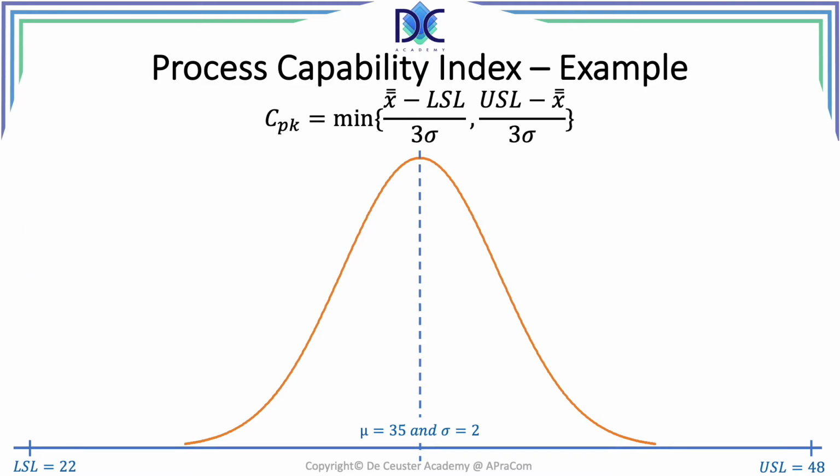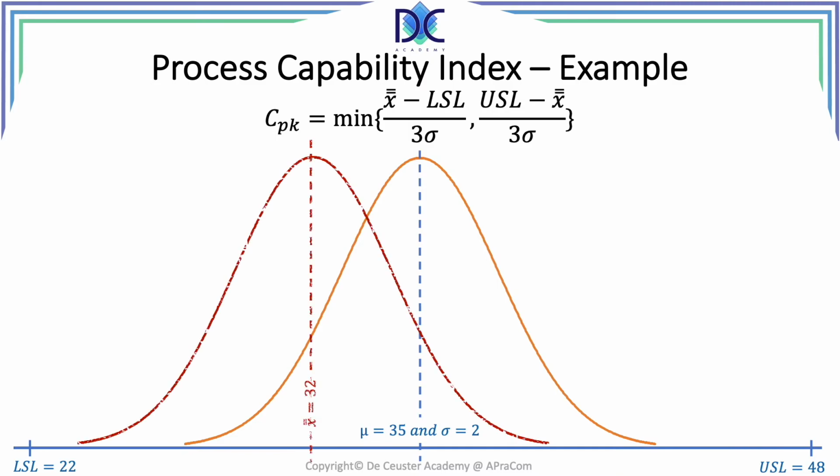But what happens when our distribution moves to the left? Now our output is not 35, but the output is 32. And we have to bring those numbers into our formulas. And we see for the left-hand side that now the value is not 2.167 anymore, but only 1.67.